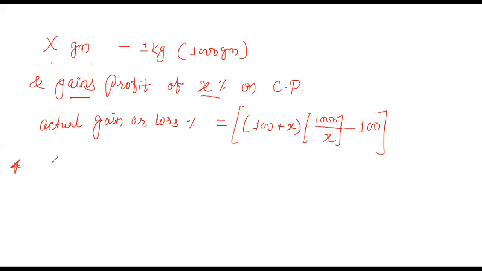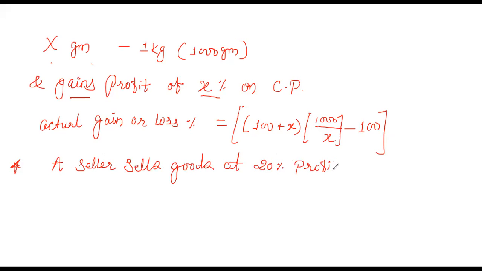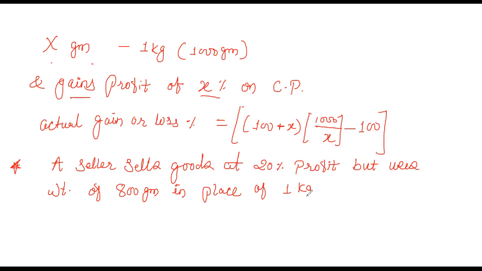So taking one example, a merchant professes to sell goods at 20% profit, but uses a weight of 800 gram in place of 1 kg.